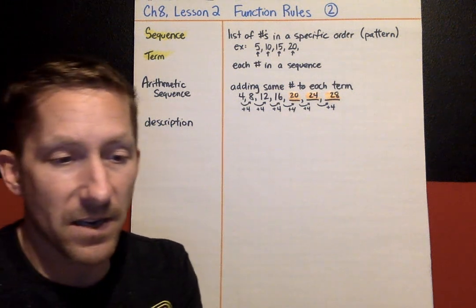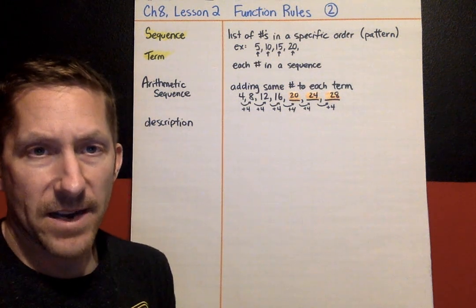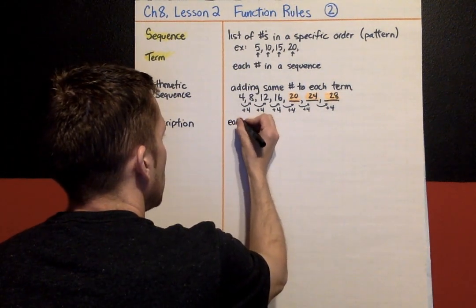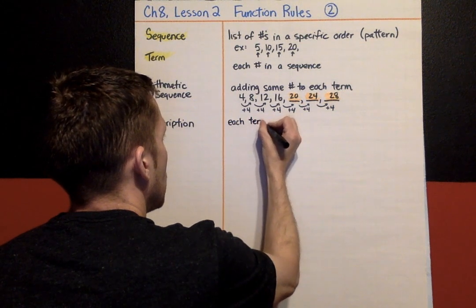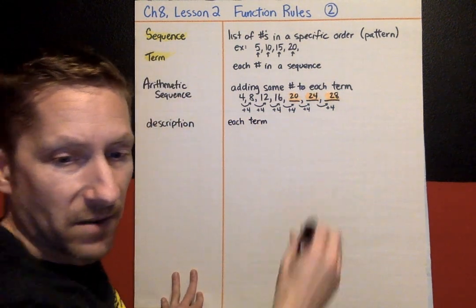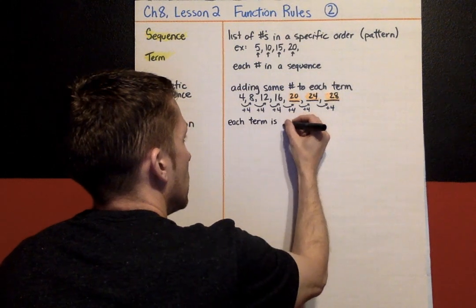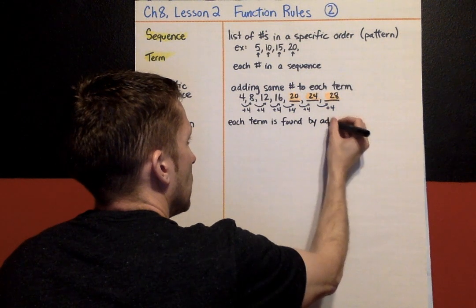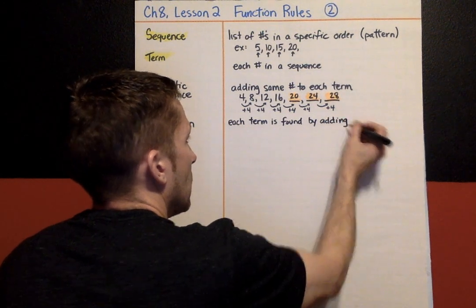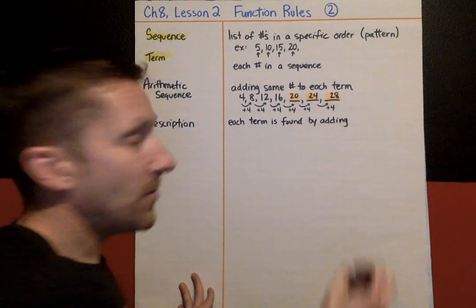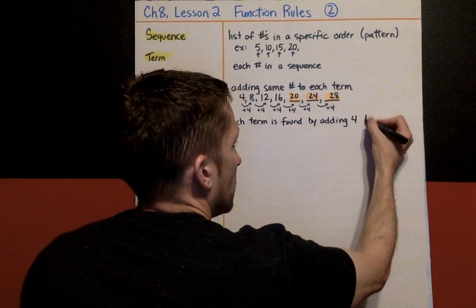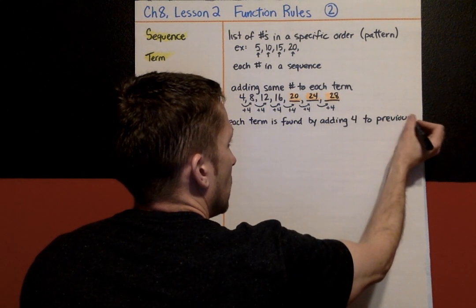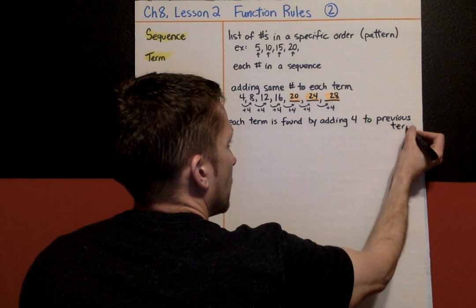And the description in words, if you were to write a description in words, it might sound something like this: each term is found by adding 4 to the previous term.